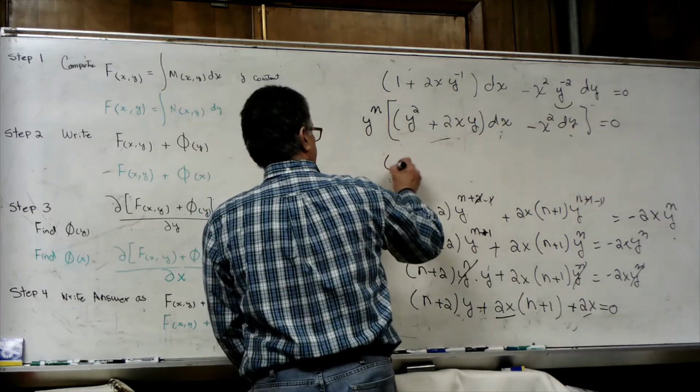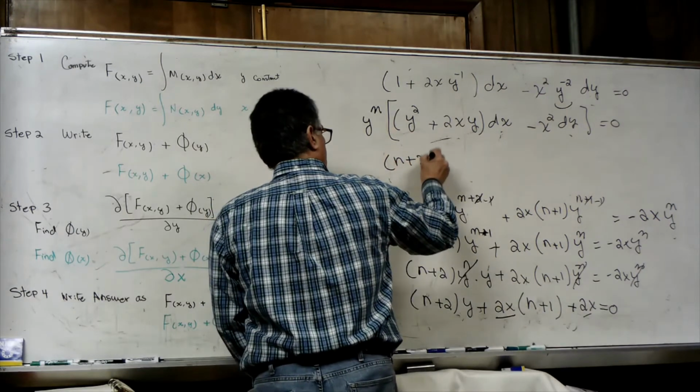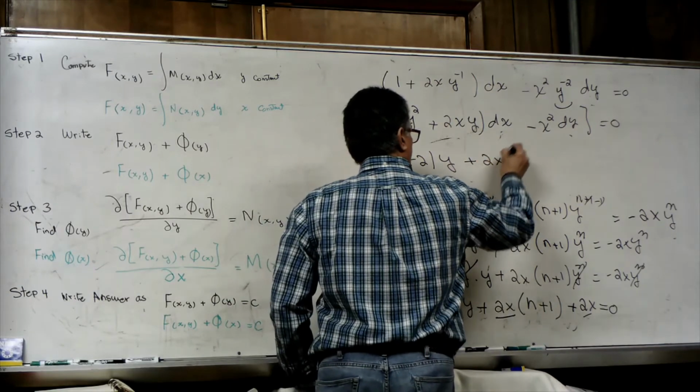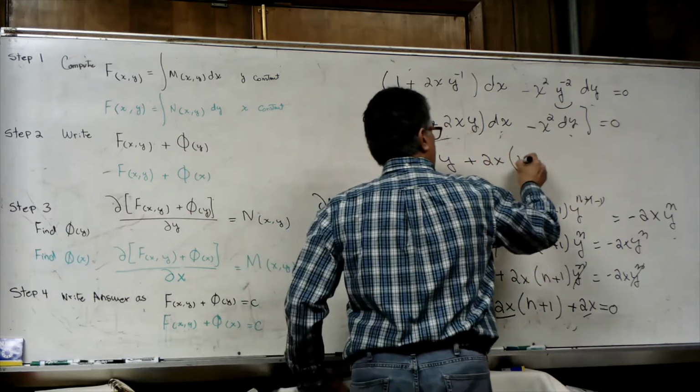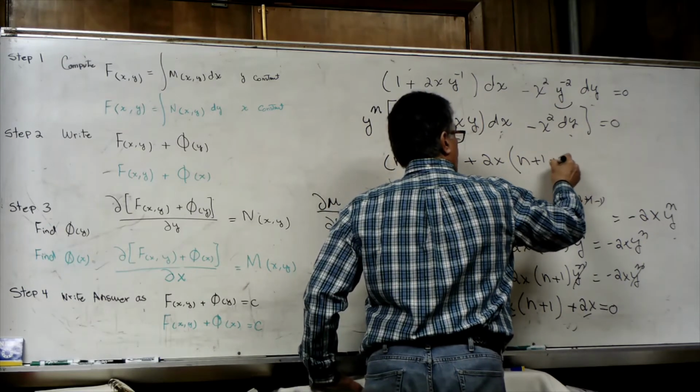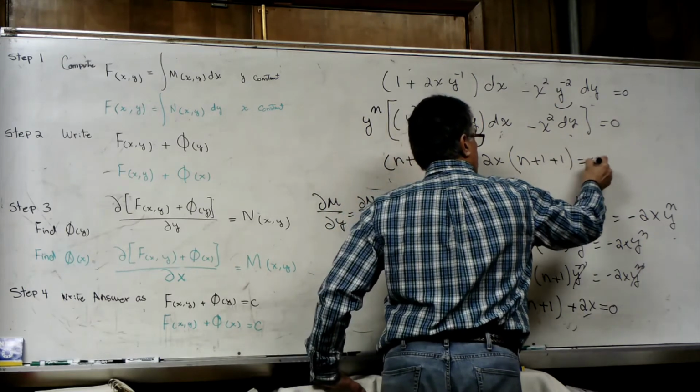We are going to have n plus 2 y plus 2x multiplied by n plus 1 plus 1 equal to 0.